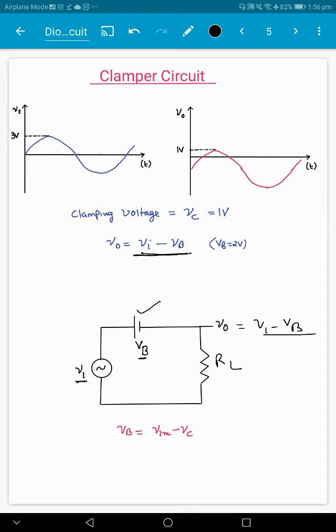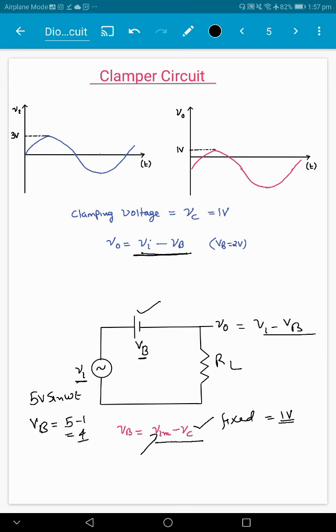So subtraction is straightforward. But there's a problem. The problem is that Vb equal to Vim minus Vc. Vc is fixed, let's say equal to 1 volt, the clamping voltage. But Vim will vary with the input. If I have one particular input, let's say 5 volt sine omega t, then Vb equal to 5 minus 1 equal to 4.